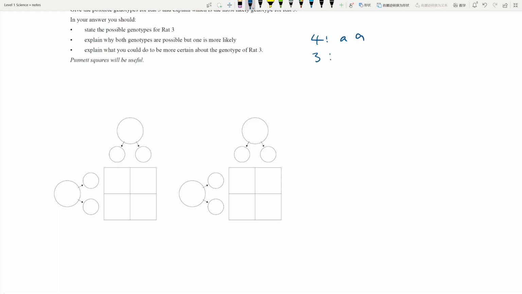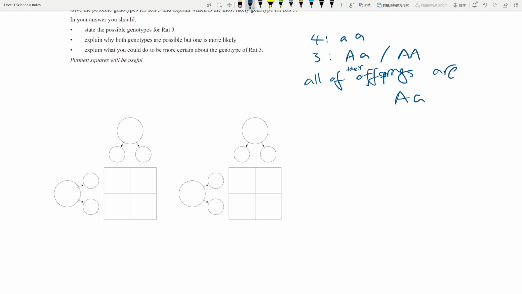We know rat number 3 could be big A, small a, or big A, big A, because all of their offspring are big A, small a, for the reasons that we talked about here.